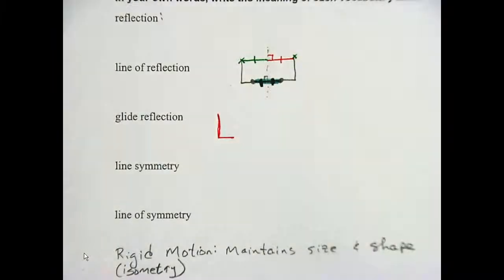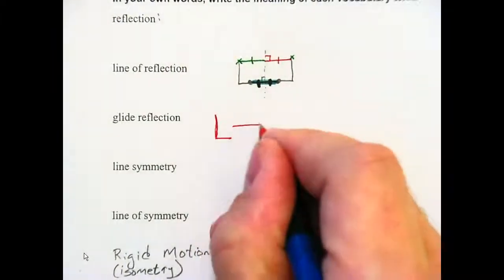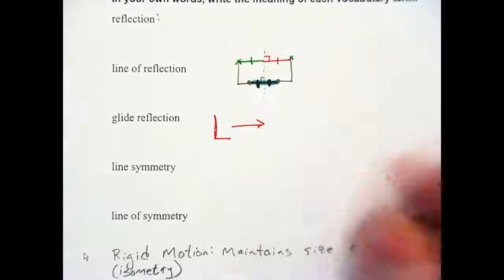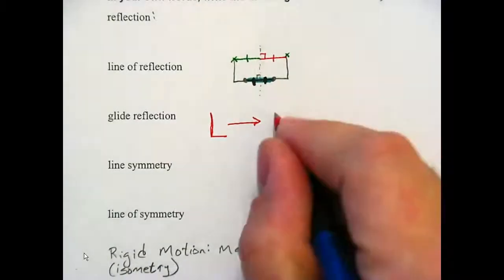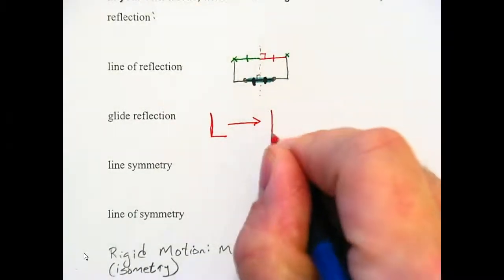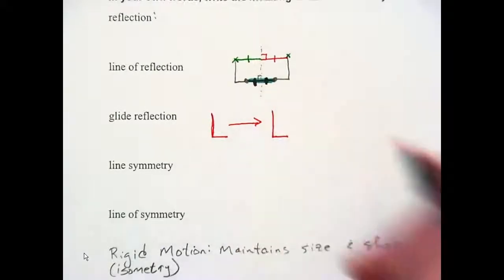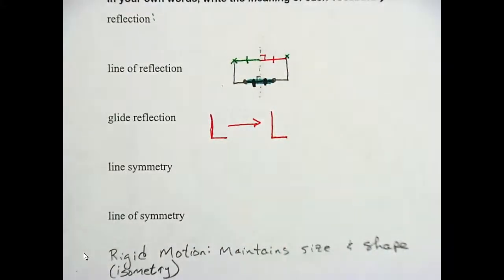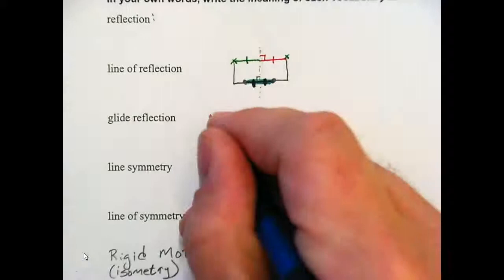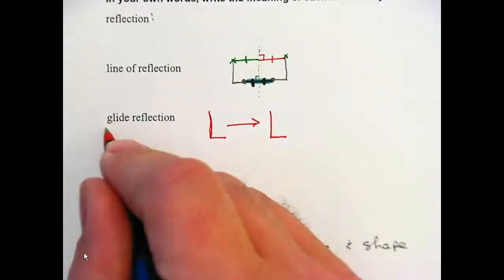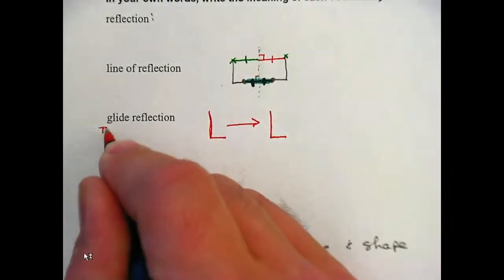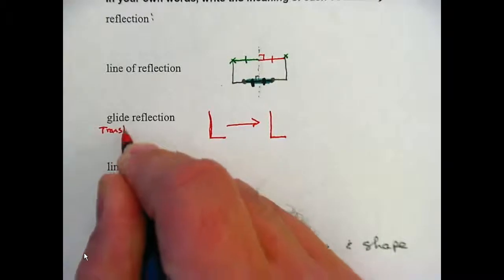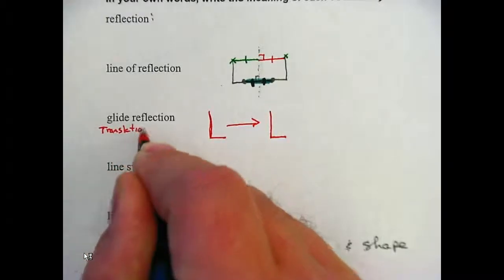Okay? So, we can glide it. So glide is just a translation, what we did yesterday, right? So we now have our L. Glide is like code for translation. If you want to think of it as a code, if that makes the math more fun. All right.